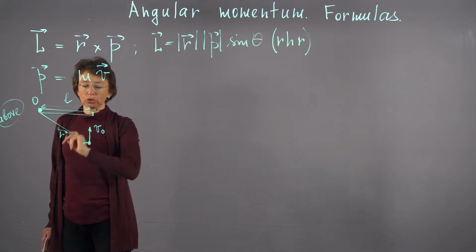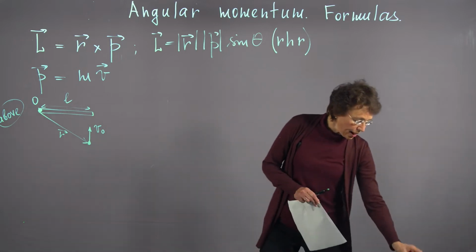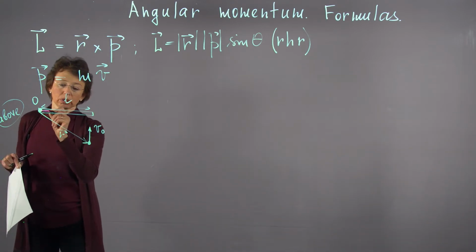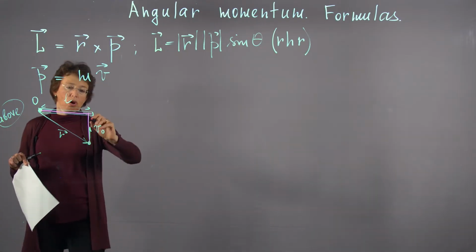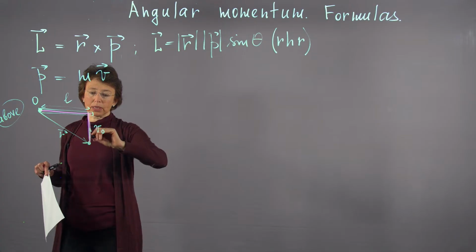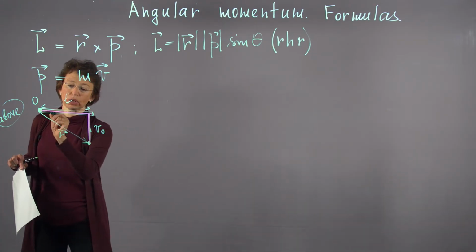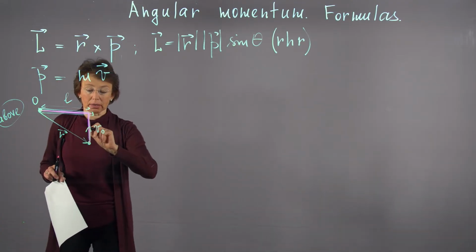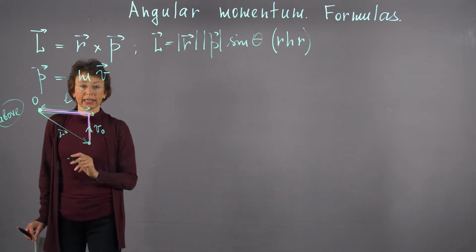Which component of r is perpendicular to v? r has two components, horizontal and vertical. Obviously, vertical component is parallel to v. So what I'm looking for is the horizontal component of r. And horizontal component of r is the length of this rod.